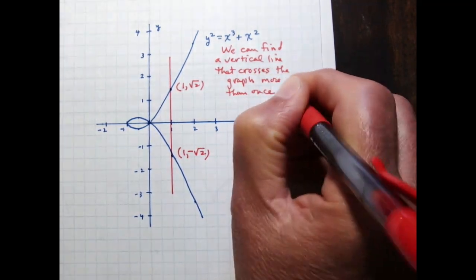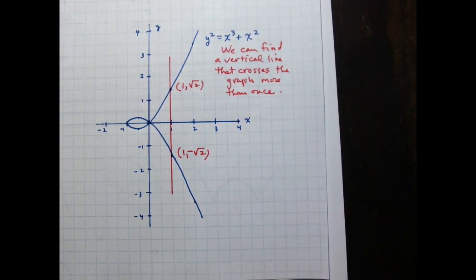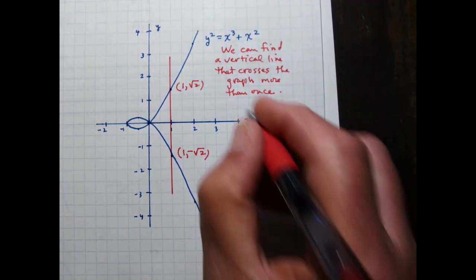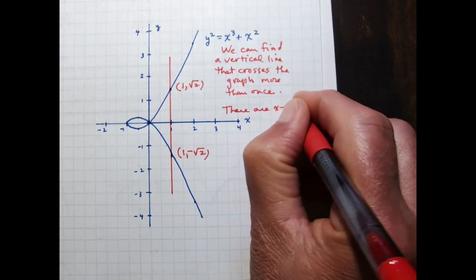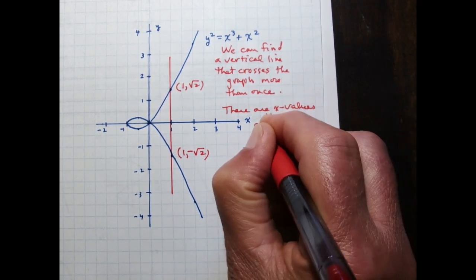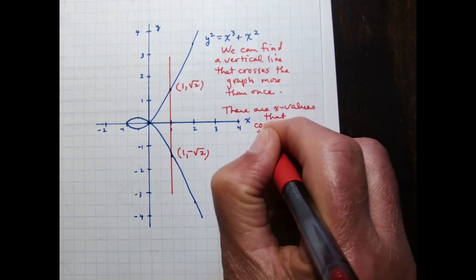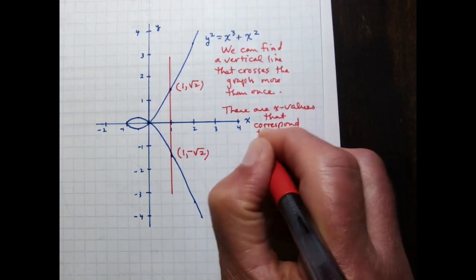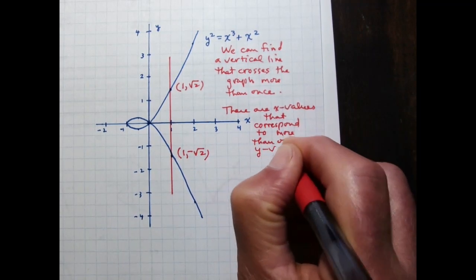Could be 3 times or more sometimes, but here we just see crossing twice. There are x values that correspond to more than one y value.